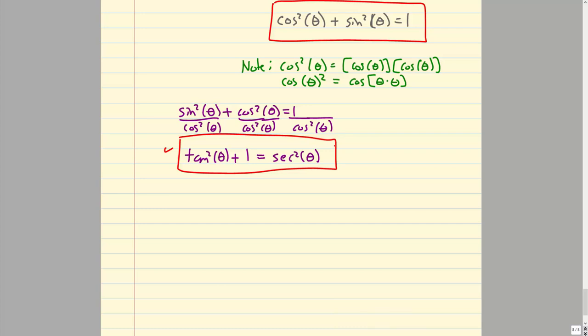Now let's go ahead and run through the same thing, but instead of dividing through by cosine squared, let's divide through by sine squared. Okay, so let's start with sine squared plus cosine squared equals 1. And last time we divided by cosine squared, let's go ahead and divide through by sine squared.